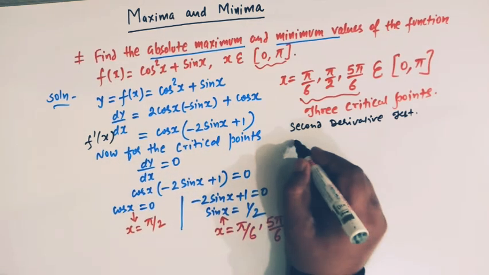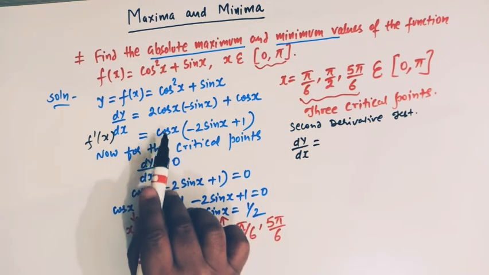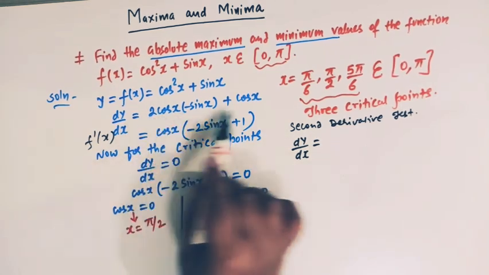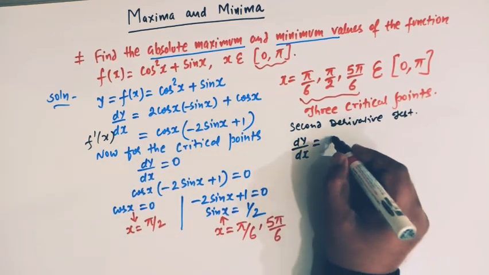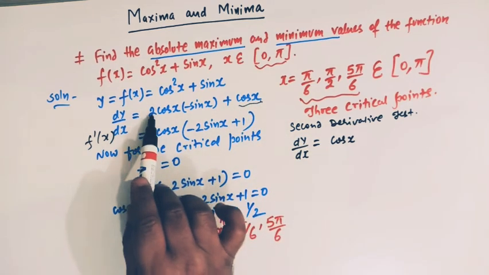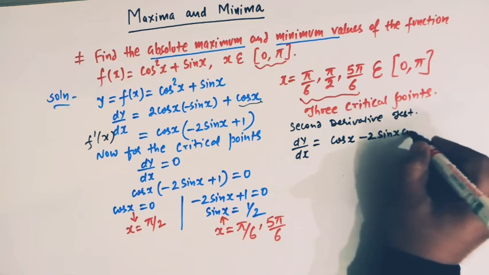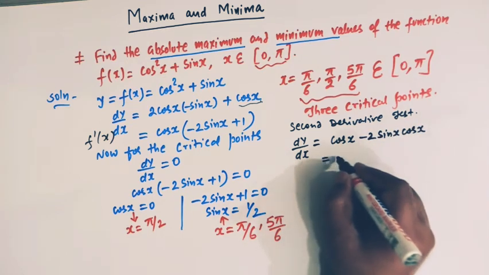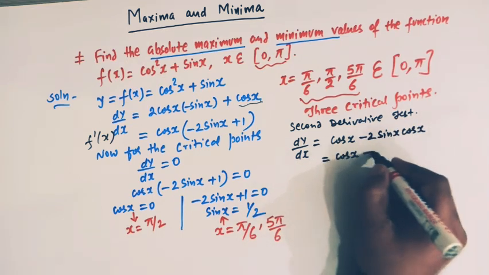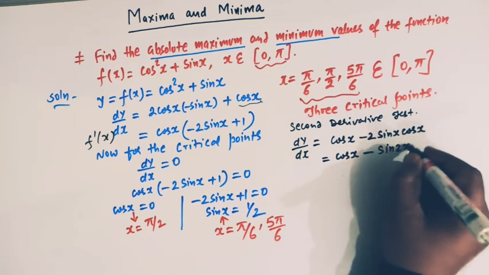So the derivative dy over dx is given by this expression, and this expression can be written as cos x minus 2 sin x cos x, and 2 sin x cos x is sin 2x, right?